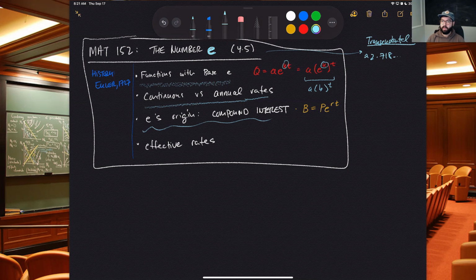It came from a compound interest problem, and so we'll see exactly where that emanated from. And then how to compare effective rates if I have something that compounds quarterly or weekly or annually and now continuously, meaning it never stops compounding. How do we compare apples to apples again like we did last time? So we'll do a few examples and have some fun.